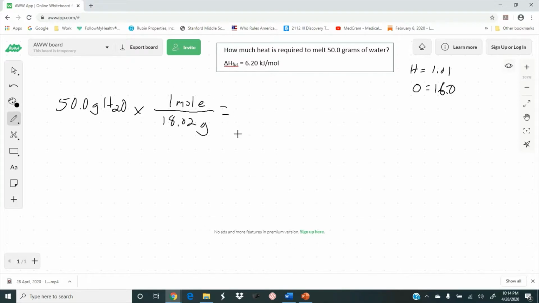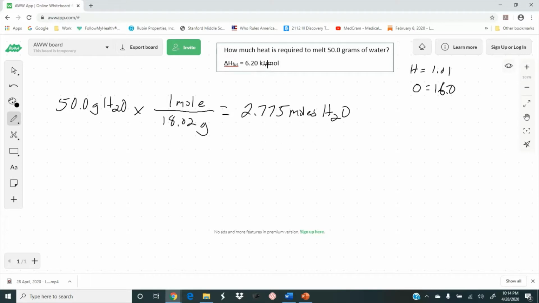All right. So 50 grams turns out to be, let me grab my calculator here, 50 divided by 18.02 gives me 2.775 moles of water. Okay. Now I have moles.